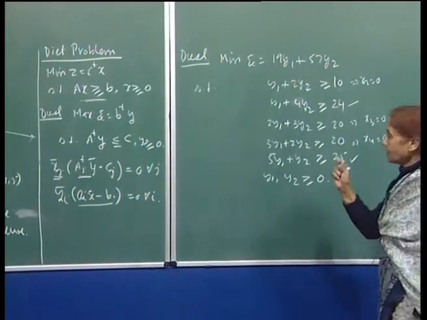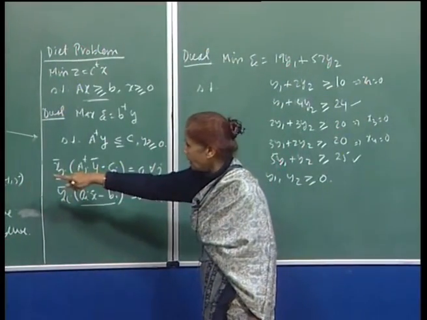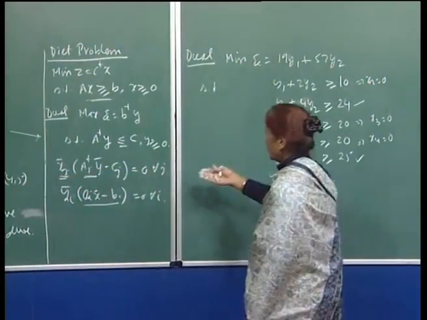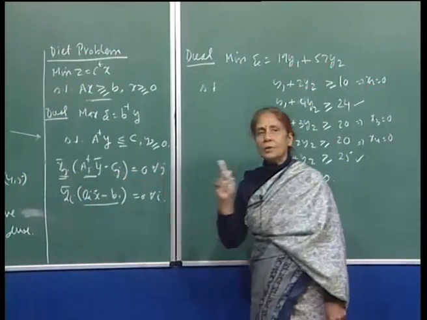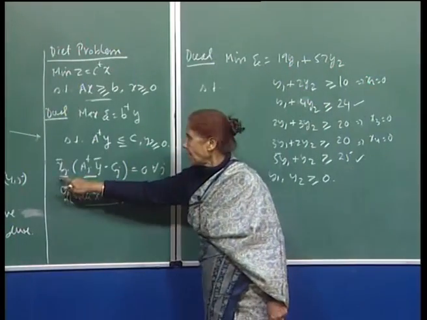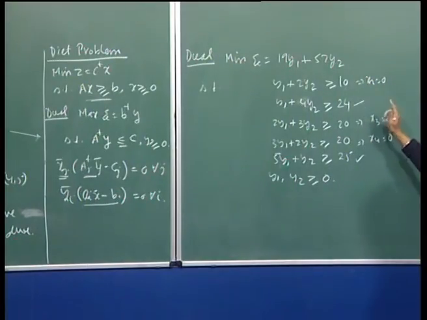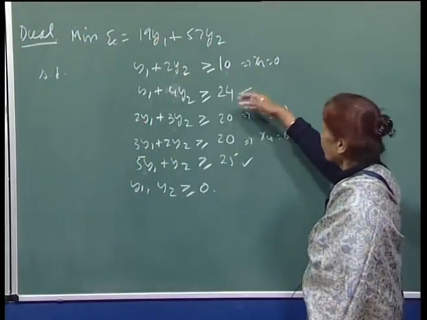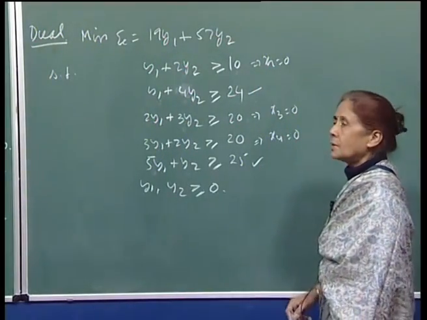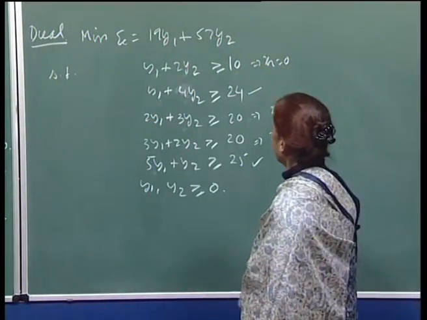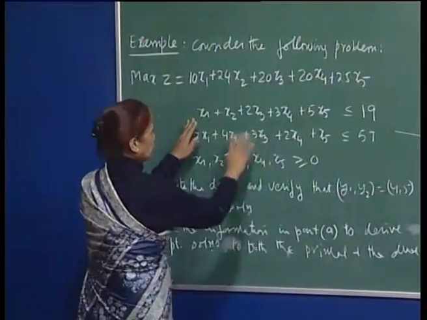If I have to find x bar which satisfies complementary slackness conditions along with this dual feasible y, then for whatever dual constraints are not satisfied as equality, the corresponding x_j bar must be 0. So, that means now I have to find a primal feasible solution which consists of the basic variables x2 and x5.